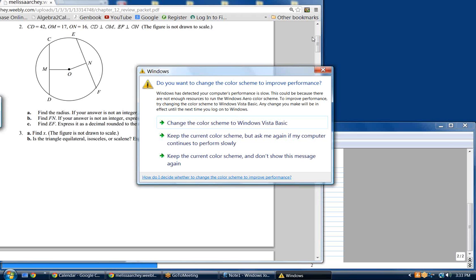Just a second, and I will find it. All right. The theorem says that in the same circle or in congruent circles, two chords are congruent if and only if they are equidistant from the center.